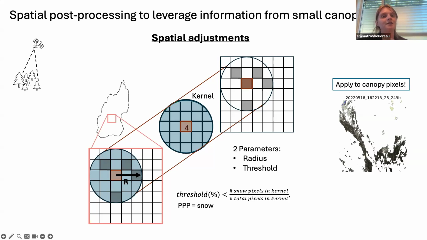If you say, oh, I need 60% of the pixels in the neighborhood to have snow to adjust this source pixel from no snow to snow. So this convolution moves across your image, and we only apply it in the canopy pixels. It's not applied to the open pixels.